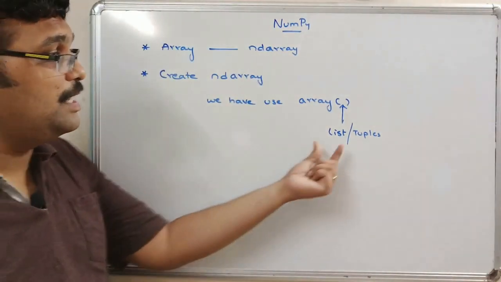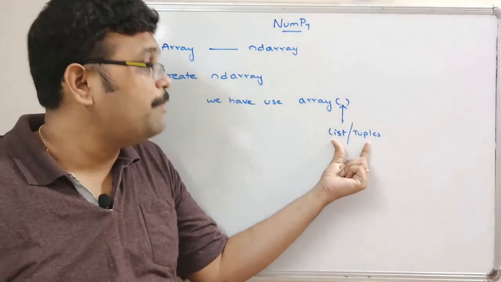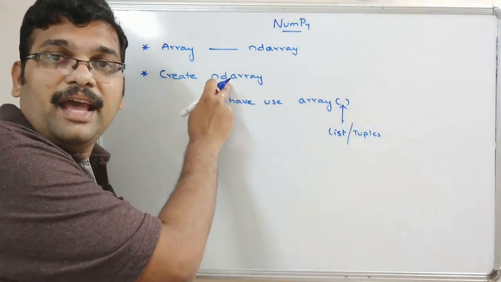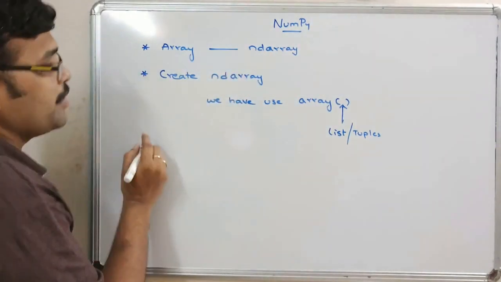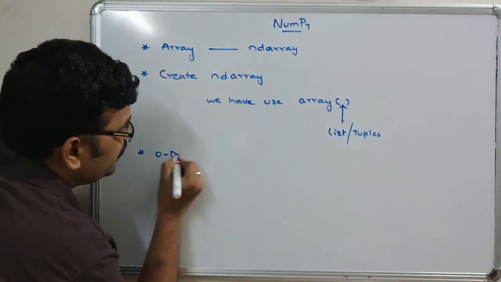We have to pass the list or tuples as a parameter to this array function, which creates this ND array. ND array means n-dimensional array. We'll see 0D array.